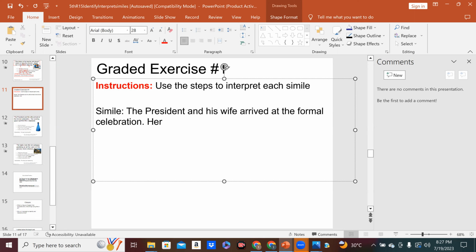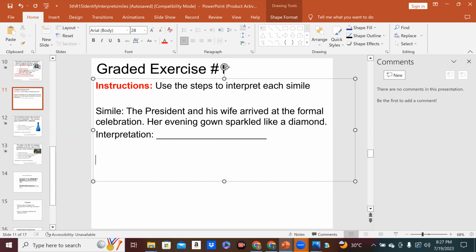Her evening gown sparkled like a diamond. So I want the interpretation of that. That's number one.